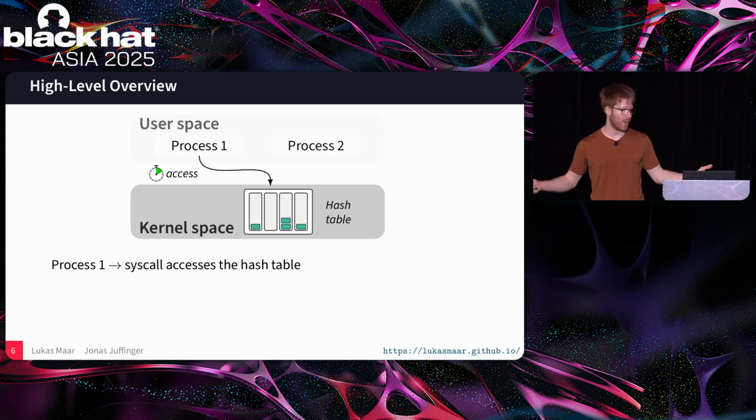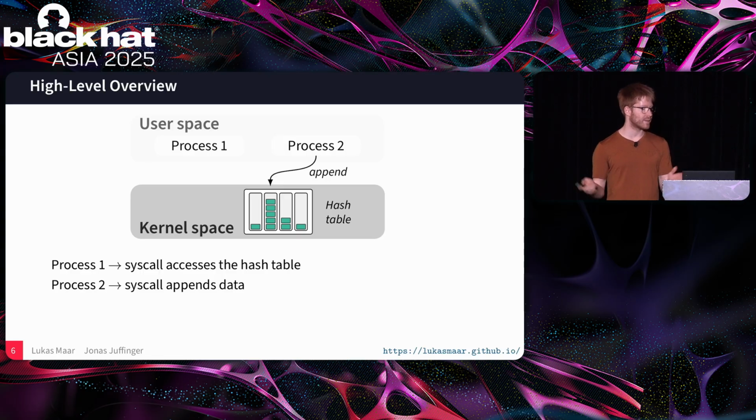from the bucket. And then we let process 1 idle until another process, maybe under our control or controlled by someone else, calls a syscall, which modifies exactly that hash table. In our case, it appends 5 elements to hash bucket 1 of the hash table.